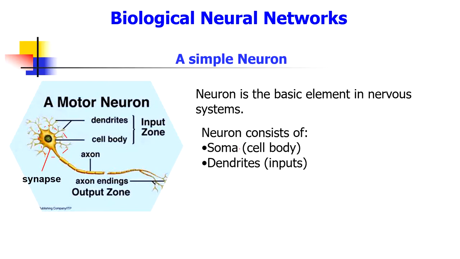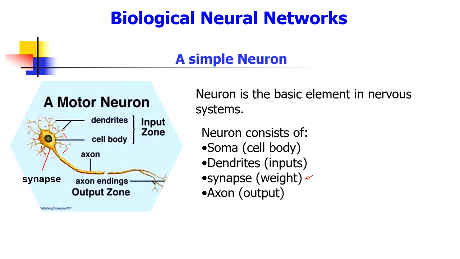The second one is the dendrite. The dendrite in this particular case is the input, which receives some sort of value or information from the senses. The third is the synapse. The synapse is a small connection between your input and the soma, and this is the part utilized to decide whether the output should be triggered or not.